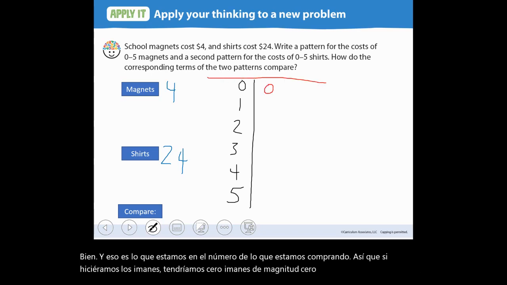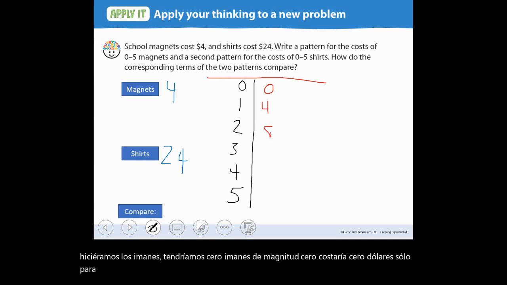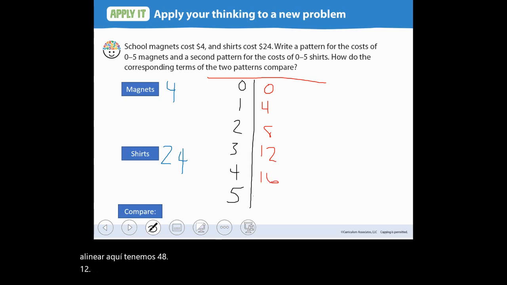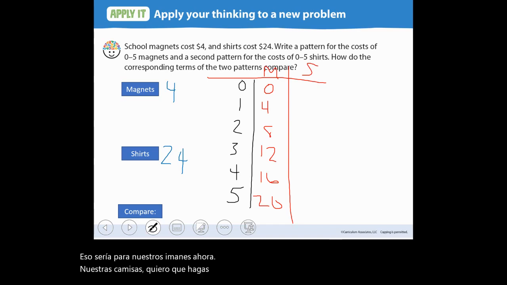We've got 4, 8, 12, 16, and 20. That would be for our magnets. Now, for our shirts, I want you to pause the video and go ahead and fill in the table for shirts: 0 shirts, 1 shirt, 2, 3, 4, and 5.